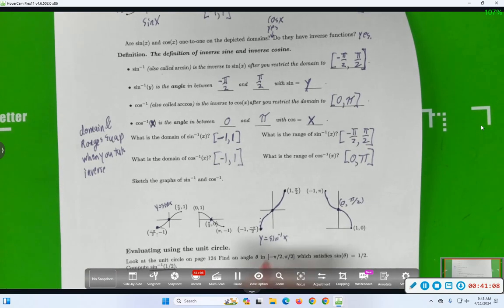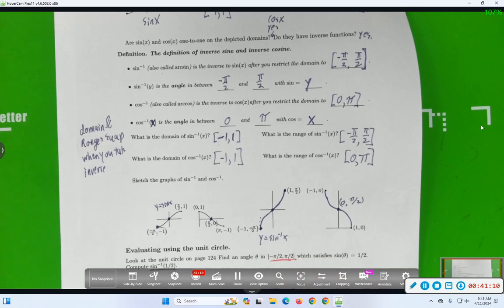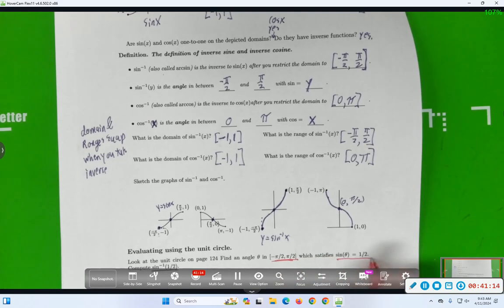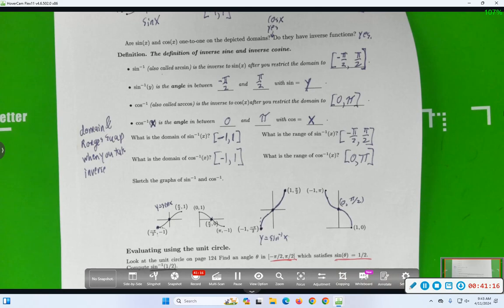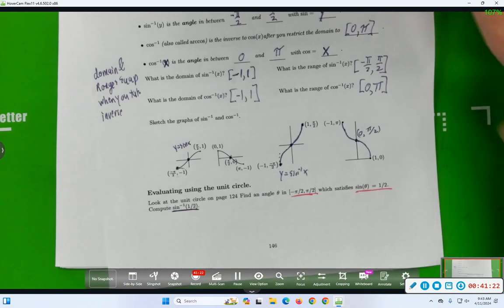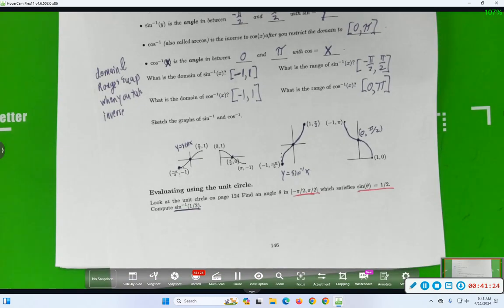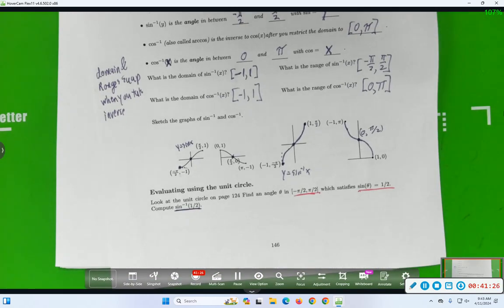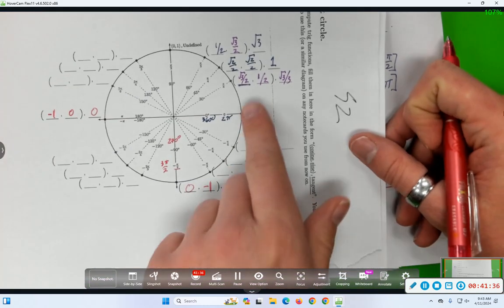Look for an angle in between negative pi over 2 and pi over 2, which satisfies sine equals 1/2. Do you see an angle that does that? What angle do you see? Pi over 6 or 30 degrees.